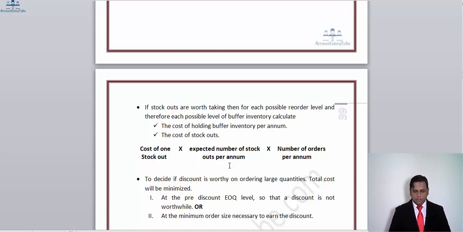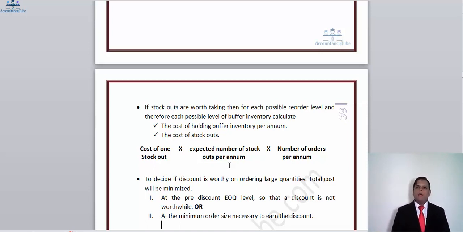On the contrary, there is a thing called discount. To decide if a discount is worthwhile on ordering large quantities, total cost will be minimized at the pre-discount EOQ level, so the discount is not worthwhile if the minimum order size necessary to earn the discount is too large.